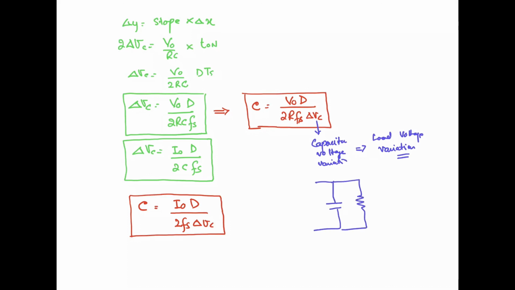Whatever voltage variation there is in the capacitor, the same variation will be there at the output. So V naught of t is equal to Vc of t, right? Using this you can find out the capacitor value required for a particular voltage ripple, or if the circuit parameters are known, you can work out the voltage ripple in the converter output voltage waveform.